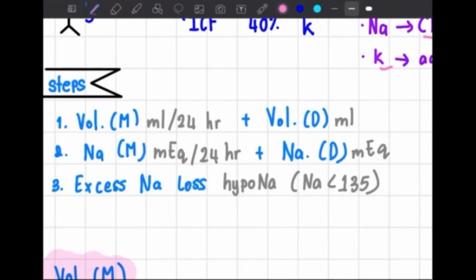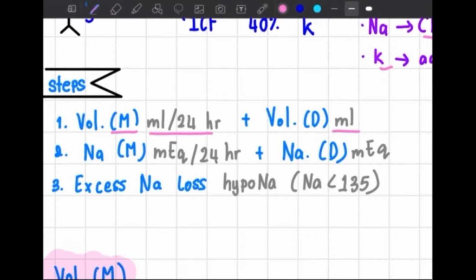So now let's look at the steps that I would take when I am going to assess one patient. First of all, I would think about the volume. The volume that I'm going to have to find out is the maintenance volume of that person, with units in milliliters per 24 hours. I would also have to find the volume deficit, which is only in milliliters.